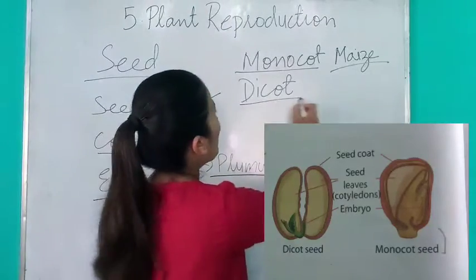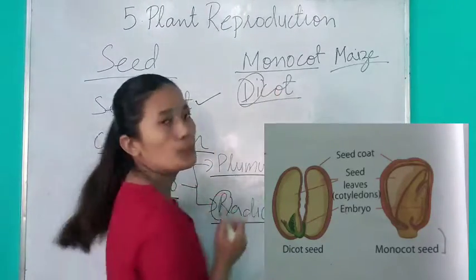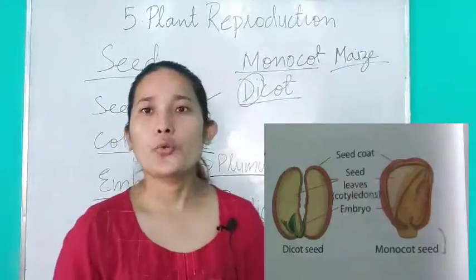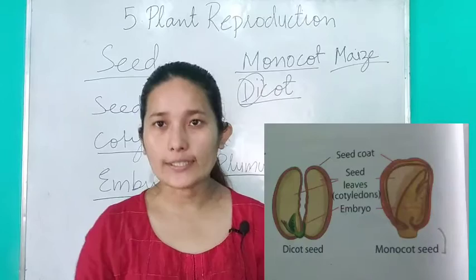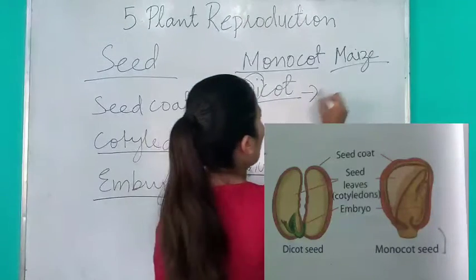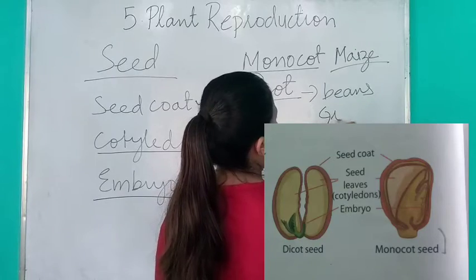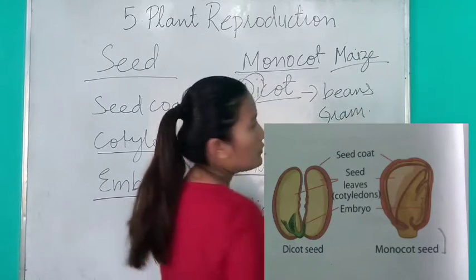Now another, dicot. Di means two, so dicot seeds are those seeds which have two cotyledons. An example can be any beans, or gram, the one I told you.